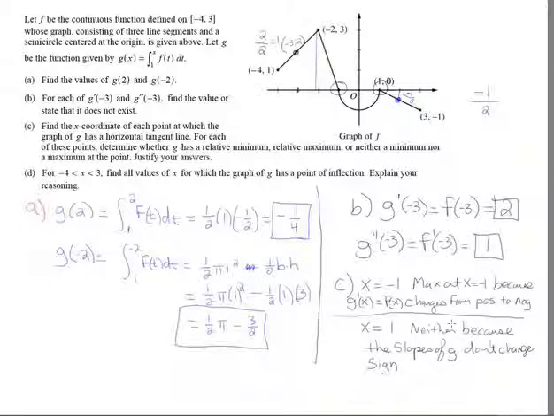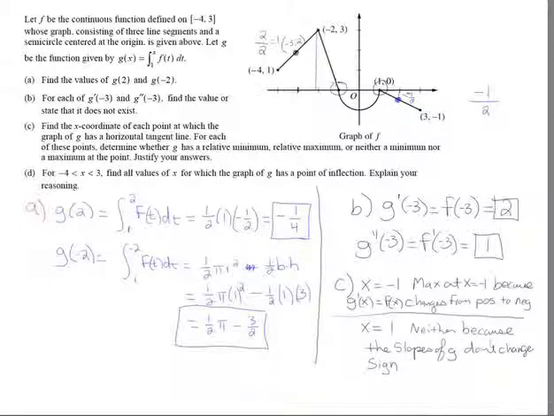Part D, between -4 and 3, so the entire function here, find everywhere that g has a point of inflection. Explain your reasoning. So, very simple. The point of inflection is going to occur where the second derivative is either 0 or undefined, but more importantly, when the second derivative changes from positive to negative or negative to positive, much like we just talked about with the first derivative.